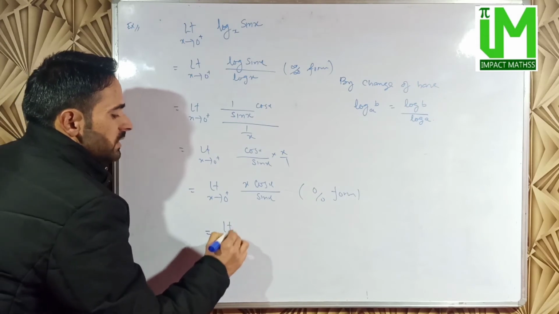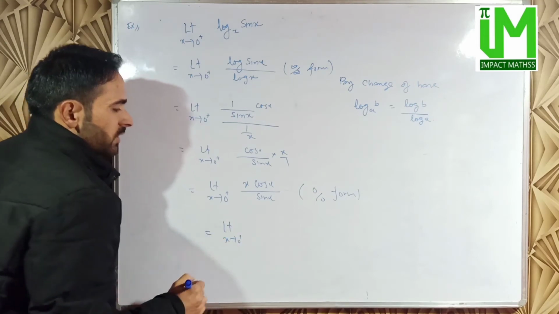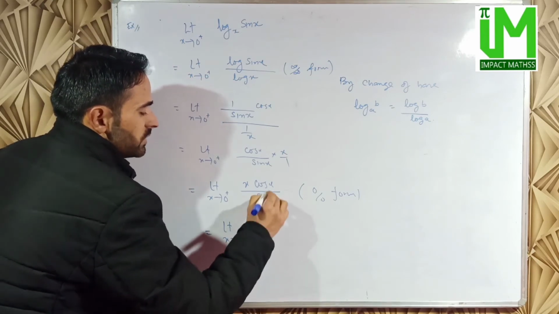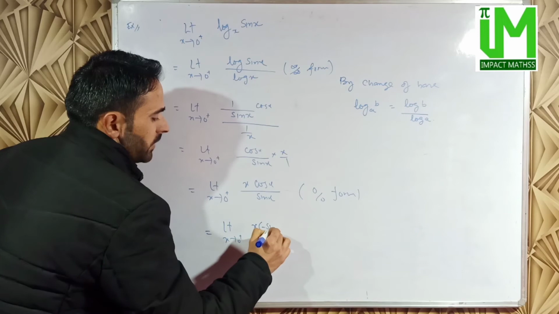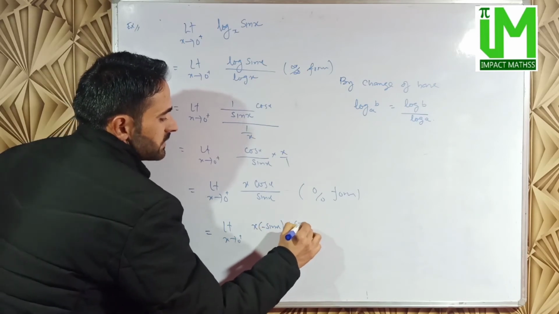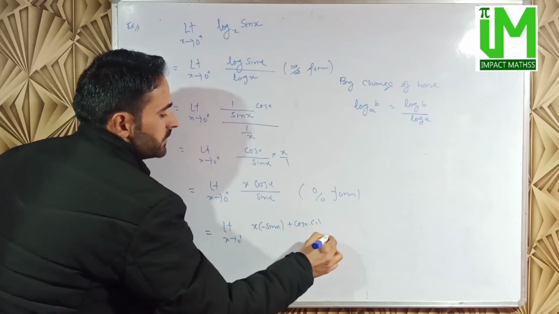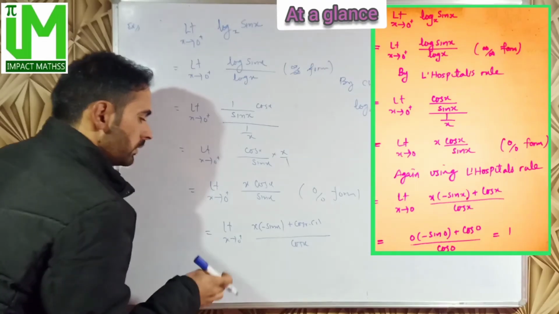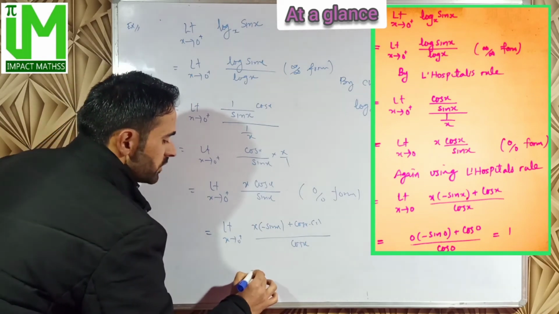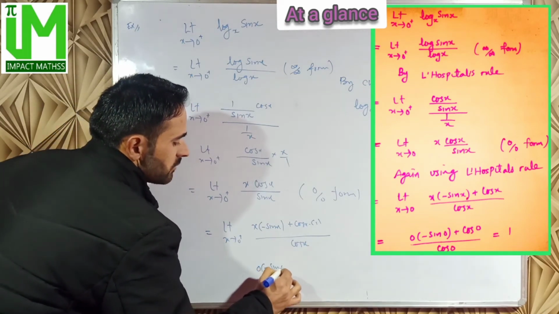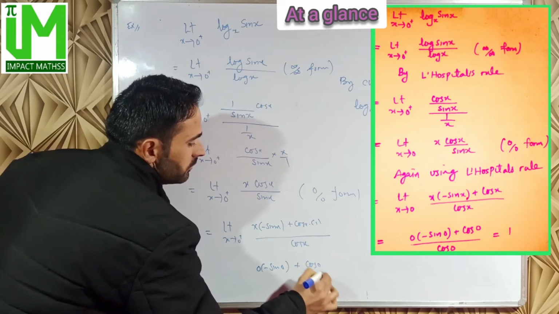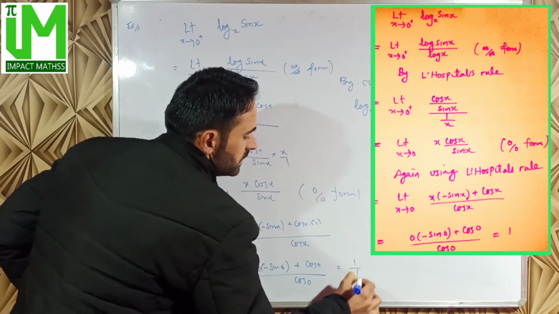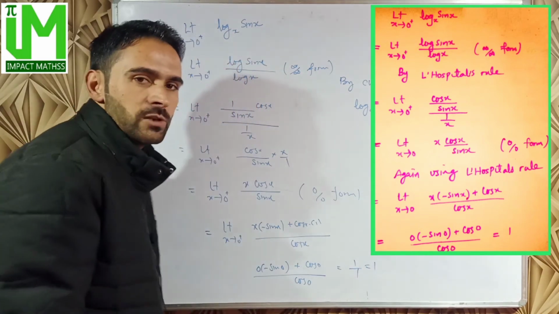So limit x approaches 0 from the right, the differentiation of x cos x by product rule: x will be left over, times the differentiation of cos x, minus sin x, plus cos x as it is into differentiation of x, which will be 1, divided by the differentiation of sin x, cos x. Now we can use the limiting value, so it will be 0 into minus sine of 0 plus cos of 0, divided by cos of 0. So 0 plus cos of 0, so this will be 1 divided by 1. Again, its limiting value will be 1.